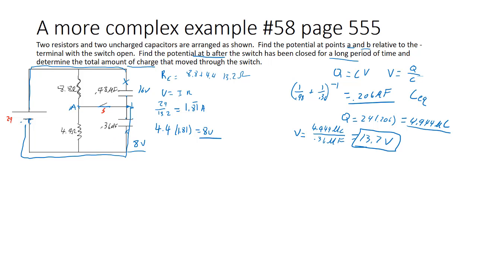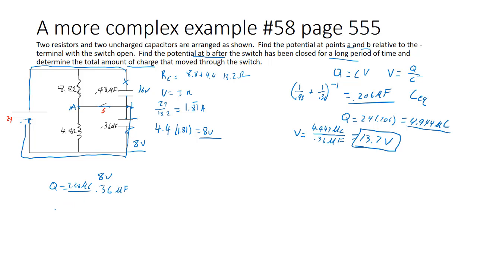So we know now the voltage across this capacitor is 8 volts. We know its capacitance is 0.36 microfarads. And we also know that charge, Q, is equal to voltage times capacitance. So I can take my 8 times 0.36, and I can say that the charge on each plate of this capacitor is equal to 2.88 microcoulombs.